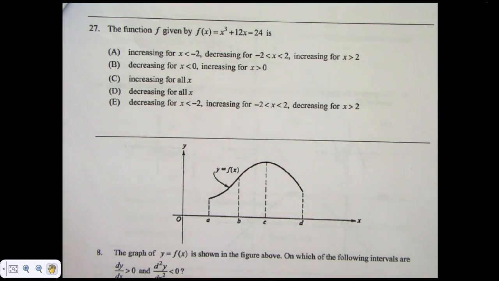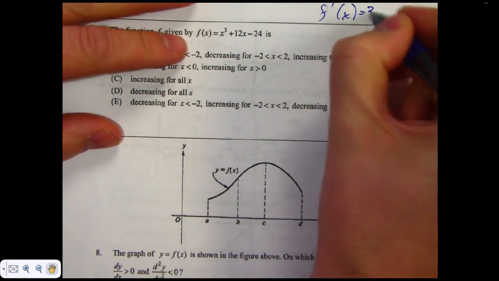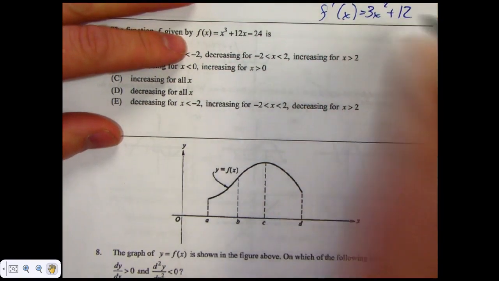All right. So here we're going back to like an algebra way. They give you a function, they ask where it's increasing and decreasing. So what level of the problem do increasing and decreasing come from? Original, first derivative, second derivative. First derivative. So 3x squared plus 12 is my first derivative.